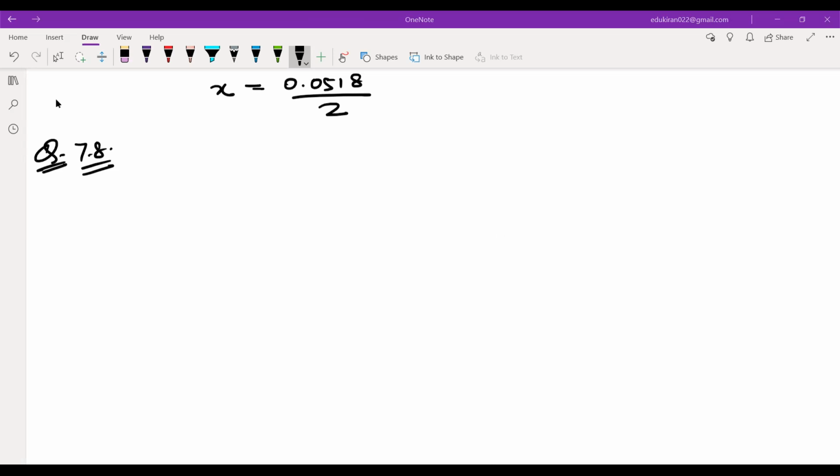In that we have a reaction: 2 moles of N2 is going to give me 2 moles of N2O, right?